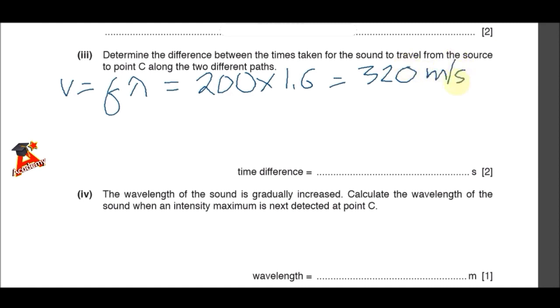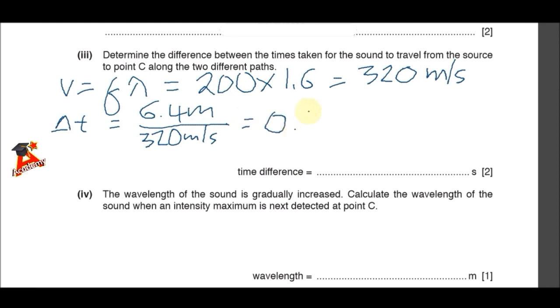The time difference, delta t, equals the path difference, 6.4 meters, divided by 320 meters per second, and this will give us 0.02 seconds.